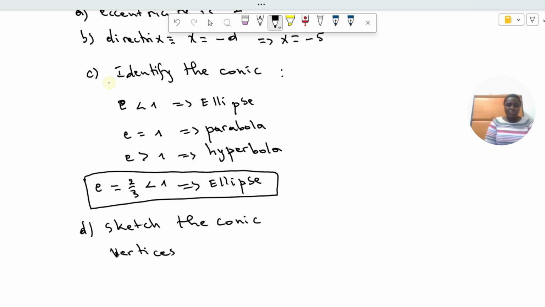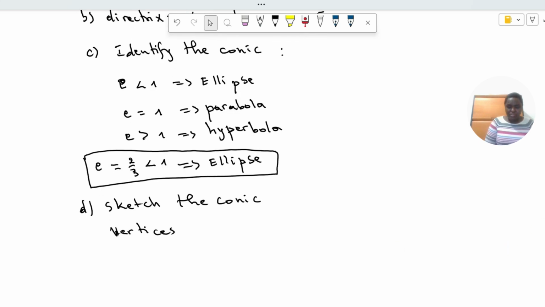And how do we compute the vertices? To compute the vertices, we are in the polar form, of course. We have to know the vertices when our angle theta is equal to 0, and when our angle theta is equal to pi.